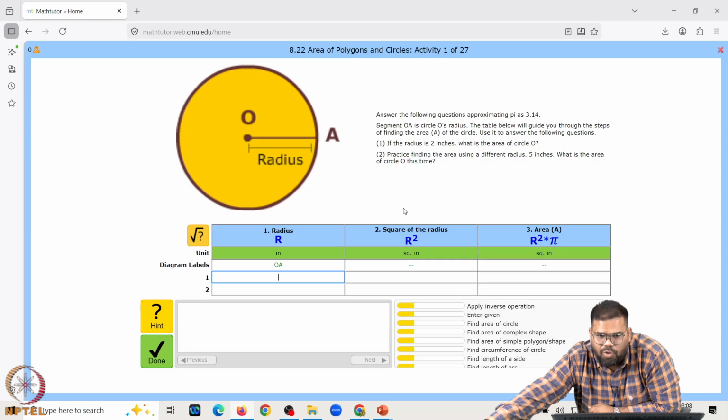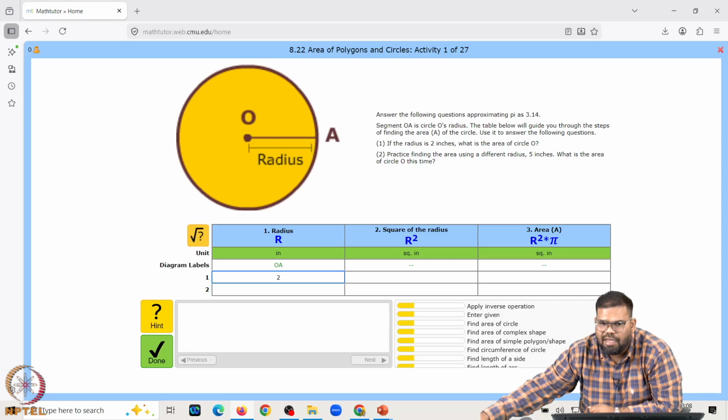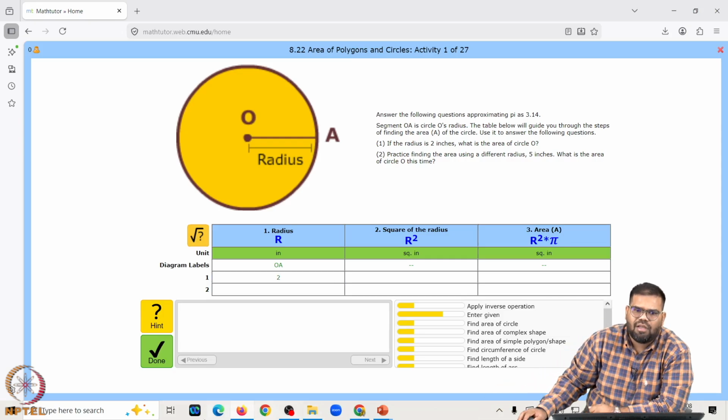So let's type 2. Once we type it and press enter, it turns green in color, and if you see this particular scale, whatever is given has been entered, so it is increased. Now as a student, I don't know what to do in this worksheet.